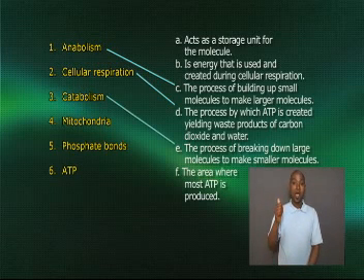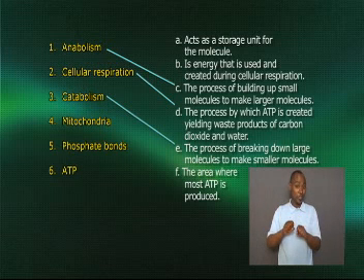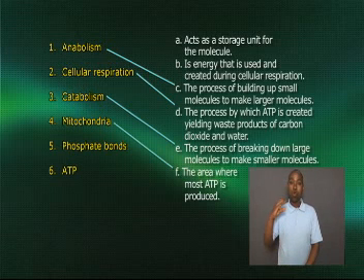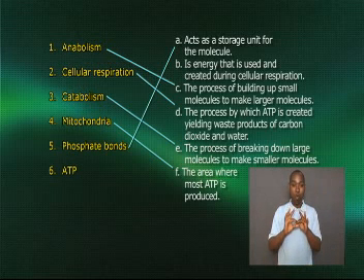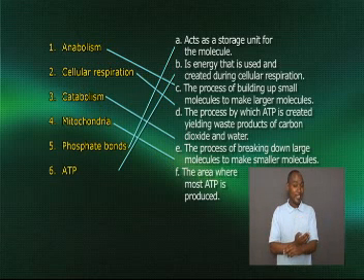Catabolism is the process of breaking down large molecules into small molecules. Mitochondria are the area where most ATP is produced. Phosphate bonds act as storage units for the molecule. ATP is energy that is used and created during cellular respiration.